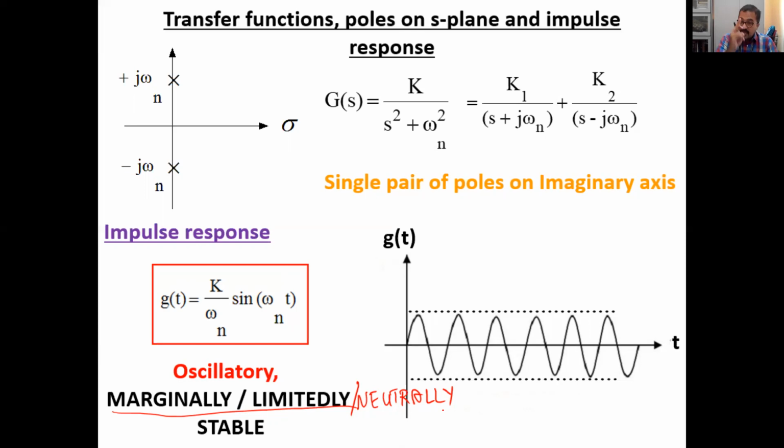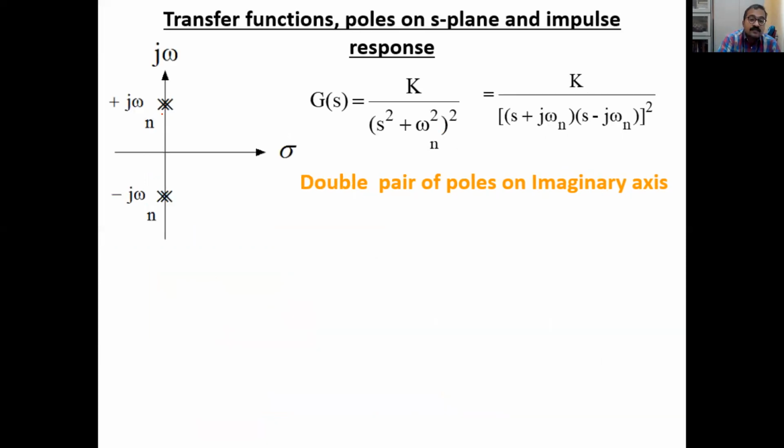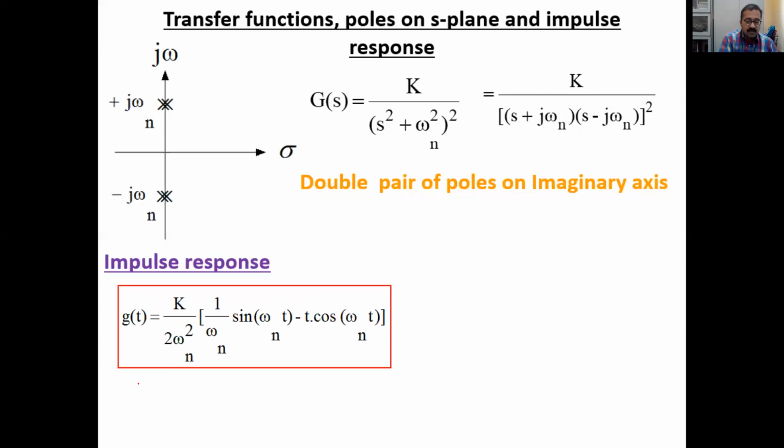Keep in mind, we had only a single pair of poles on the imaginary axis. Next case, what if there are two pairs of poles on the imaginary axis, repeated poles? What is the impulse response? It will be like this. Can you comment about the nature of the impulse response?